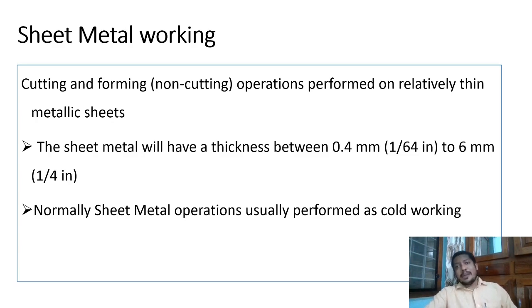The operations we have seen so far, like drawing, rolling, extrusion, forging, etc., are called bulk deformation processes. Whereas the operations which we perform on a relatively low thickness material, that varies in the range of 0.4 mm to 6 mm in the condition of cold working, are called sheet metal operations.